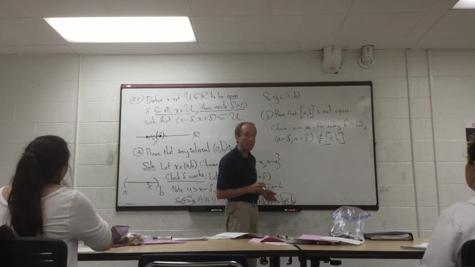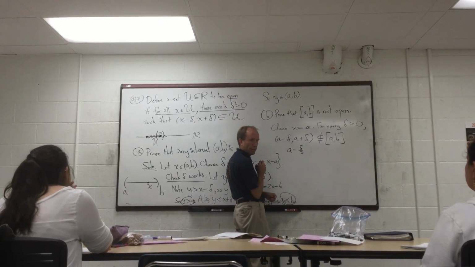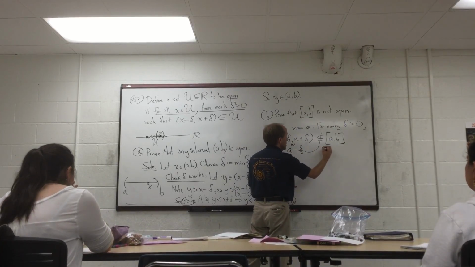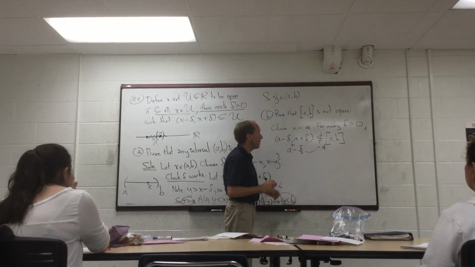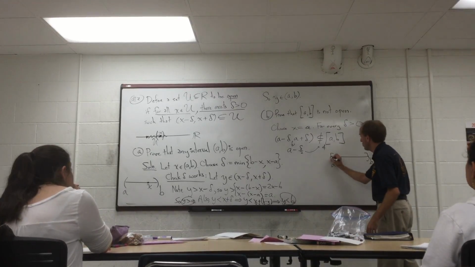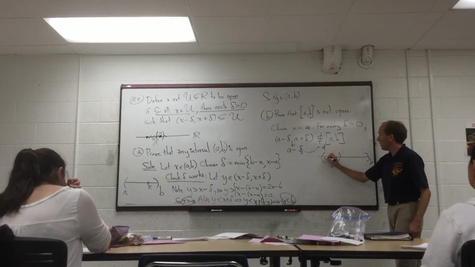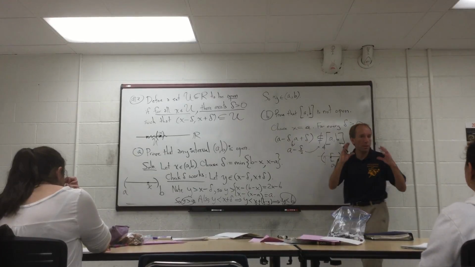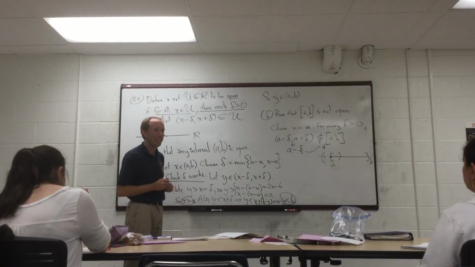If you really wanted to convince me, you could say something like a minus half of delta is here, but is not here. It should be pretty obvious though. If I make my closed interval and I choose this point, and then I make a delta here, there's definitely points over here that are in the neighborhood of A, but they're not within the closed interval. Does that seem okay? All right, great.